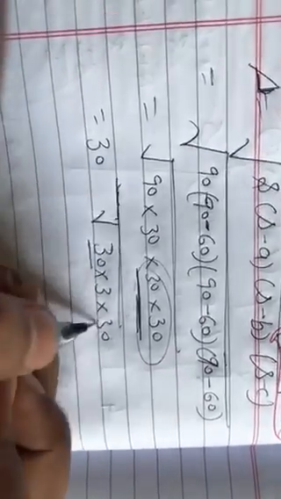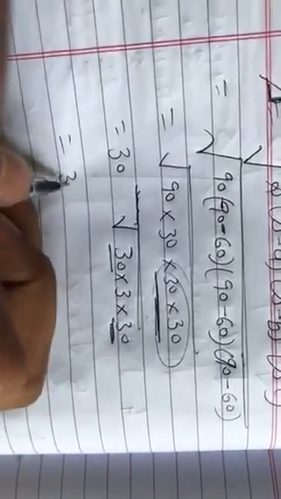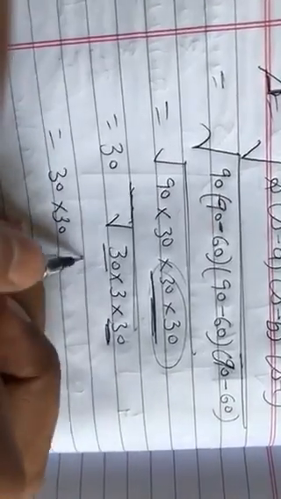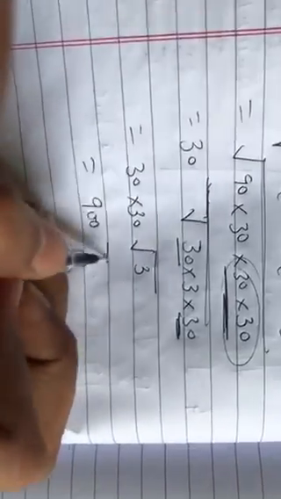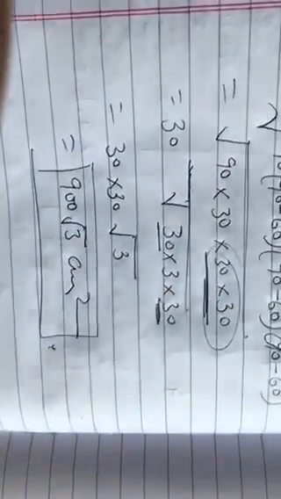And we are having again a pair of 30, so we can take 30 again outside this square root. 3 times 3 is 9. 900 root 3 centimeter square is the required area of this signal board, right?